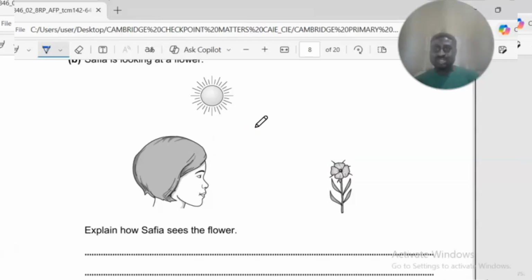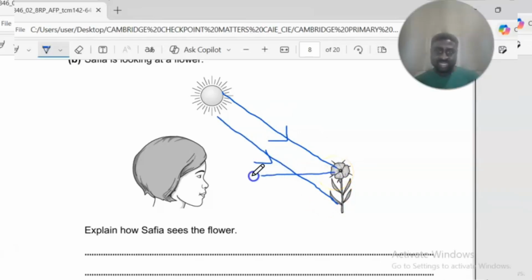So quickly, from the rectilinear propagation of light and how light travels, the sun's rays will first fall on the flower like this. So it goes like this, falls on the flower. Let's use the arrow sign to indicate the direction of the light. Then this will now be reflected and it goes to Sophia's eye in this manner.